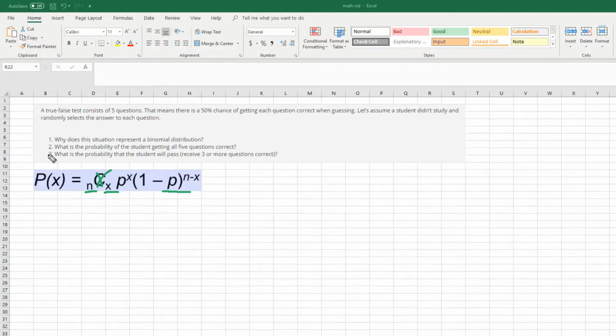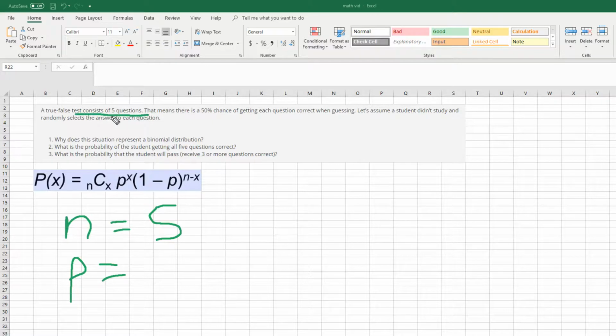And through this, p and n will not change because there is no qualifier saying they will change. So n and p are: n is 5, because n is the number of trials, so 5 questions, and p is 0.5 or 50% because over those 5 trials, each of them has a 50% chance to be correct.